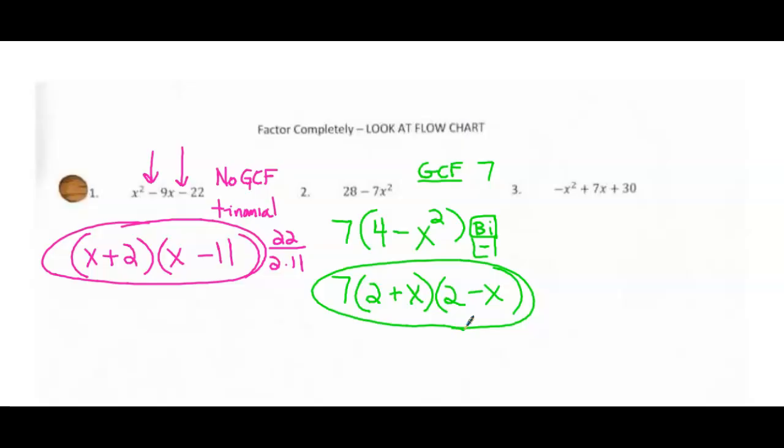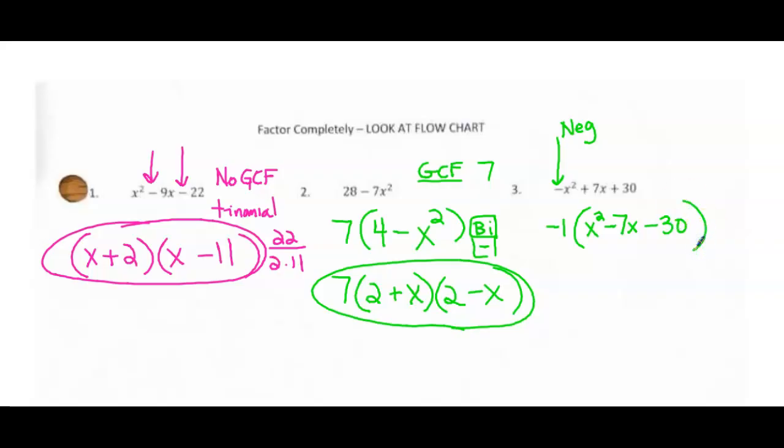The third one, when I notice it, I ask if there's a greatest common factor or is the leading coefficient negative. On number 3, the leading coefficient is negative. So I'm going to divide out or factor out a -1. So when I factor out a -1, all the signs inside switch. It's the opposite.